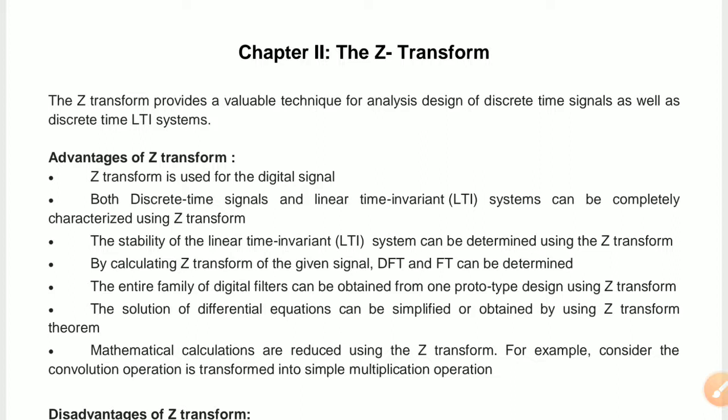This is a very important point for the calculation and analysis of a discrete time system using the convolution method or correlation method. So it ultimately provides simple calculation for the analysis of a system. Please remember these are the simple advantages of the Z transform, and various discrete time systems, LTI systems, can be analyzed using the Z transform.